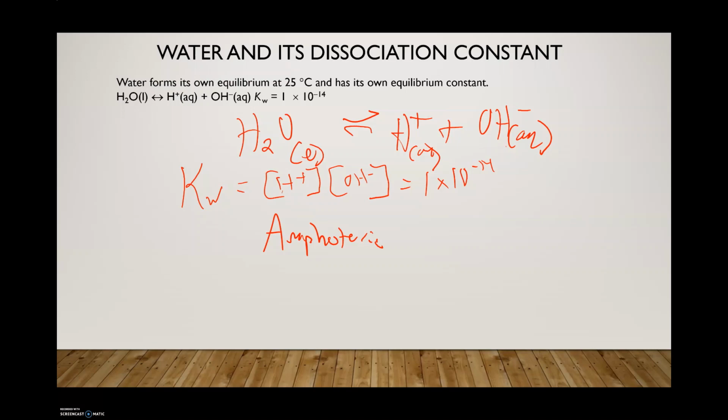Not everything responds the same manner. HCl is a good example. HCl is only going to be an acid. It's never going to be a basic compound. Water could be an acid or a base depending on the situation and what you put into the solution. And so a lot of what we learn and use here is based around this equilibrium.